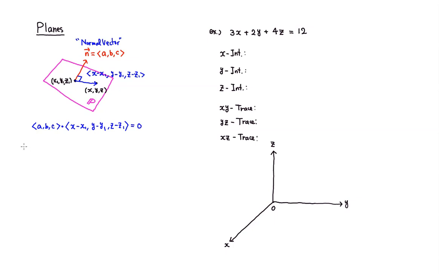Then we have the equation a times (x minus x1) plus b times (y minus y1) plus c times (z minus z1), and we set that equal to 0. I like this equation better than the standard form, but this is basically the equation of the plane.